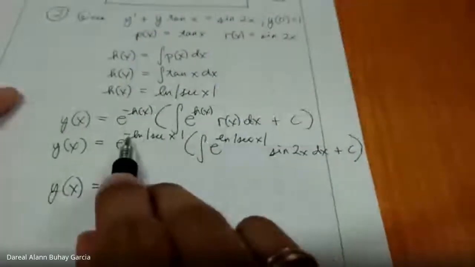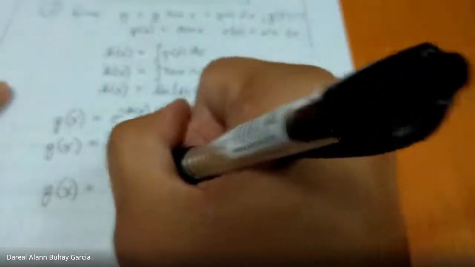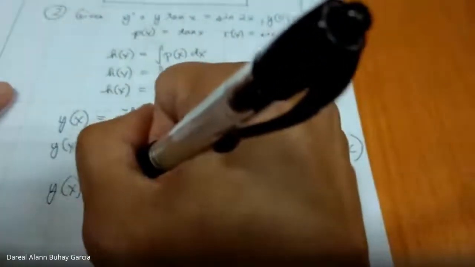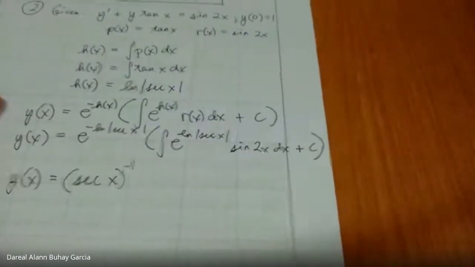So y of x is equal to, don't forget the negative 1 in front of ln, ha? So this is secant x to the power of negative 1. It's not arc secant, ha? It's secant x to the power of negative 1.